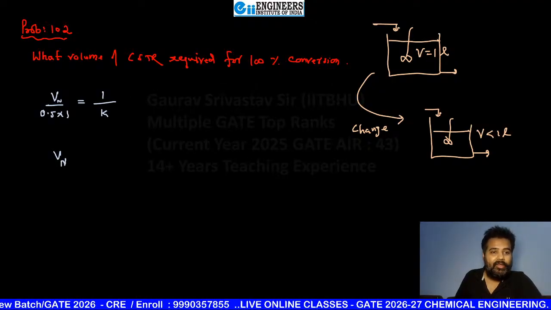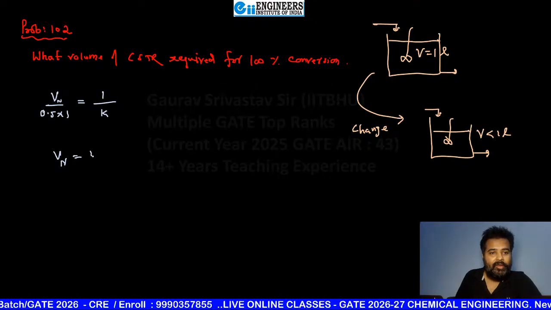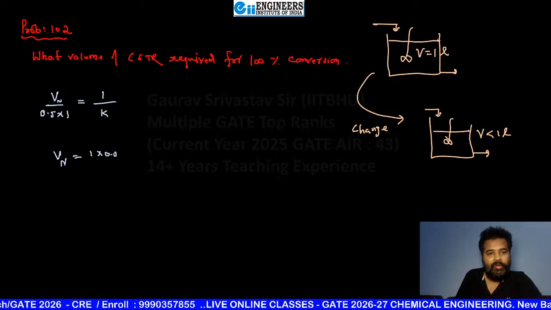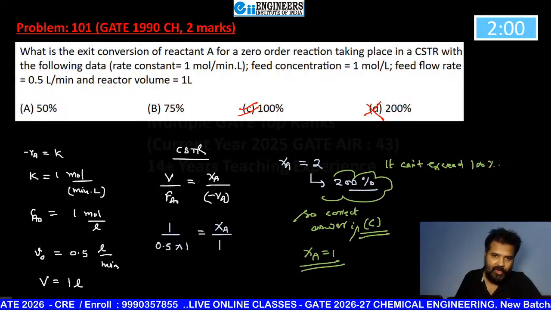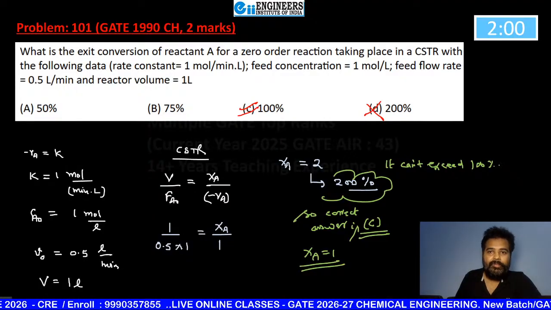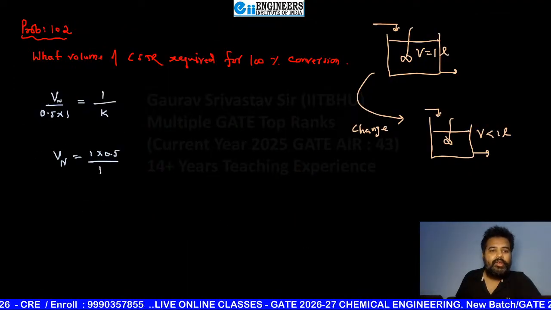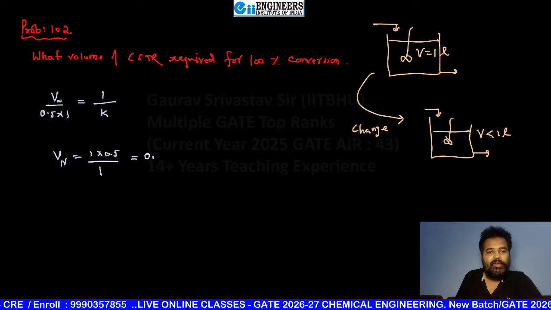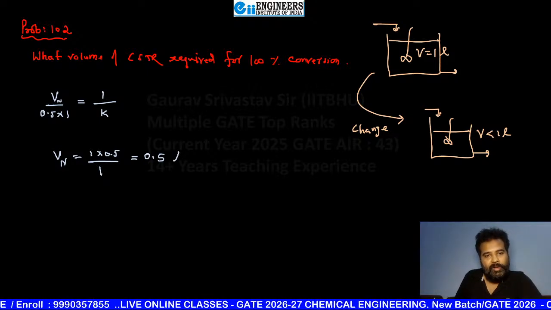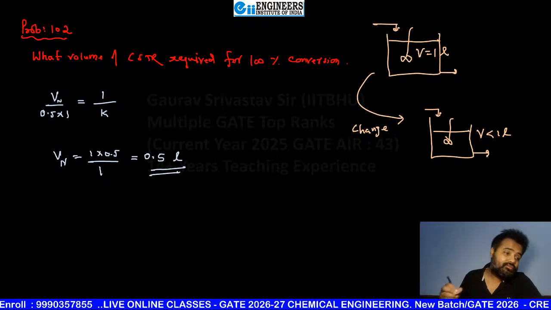So V new here will be 1 into 0.5 upon K. And what was the value of K? It's 1. So clearly the volume will be 0.5 liter only.